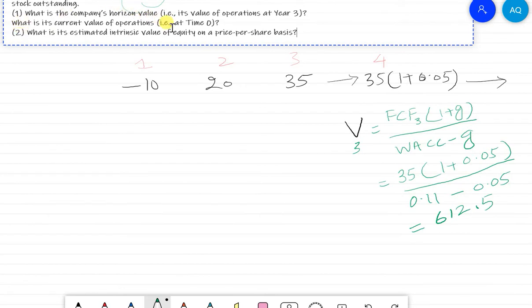And what is the current value of operation at time 0? So we have to calculate the current value of operations.